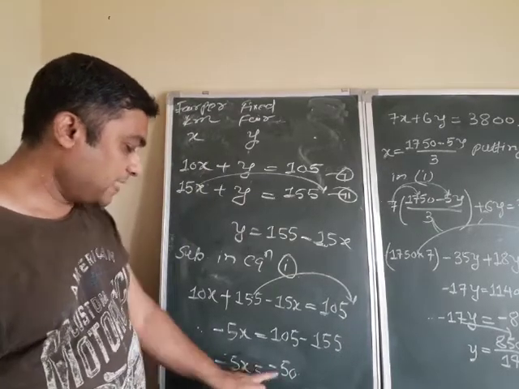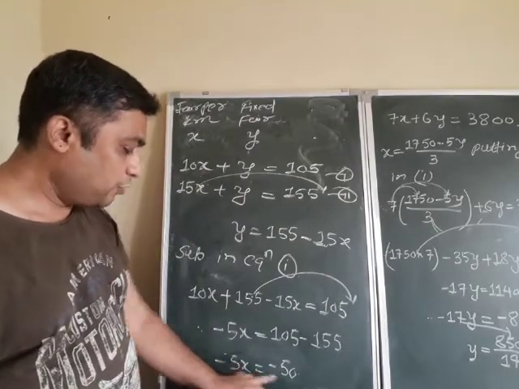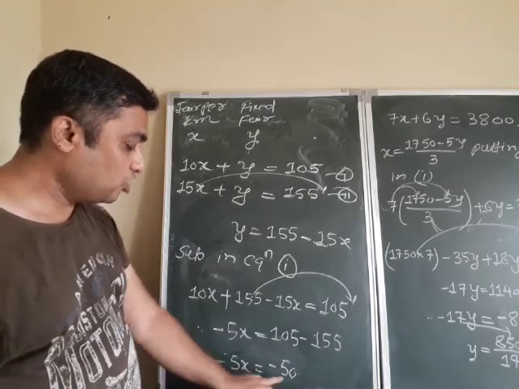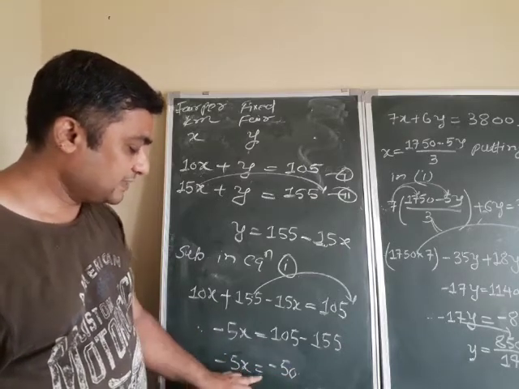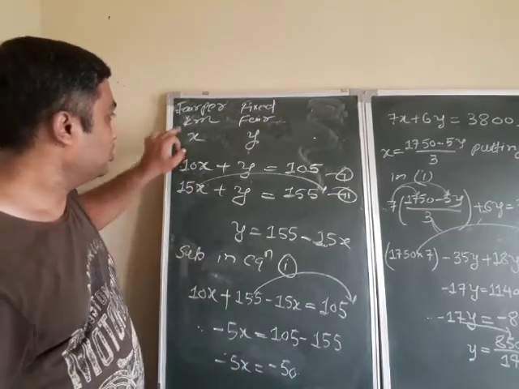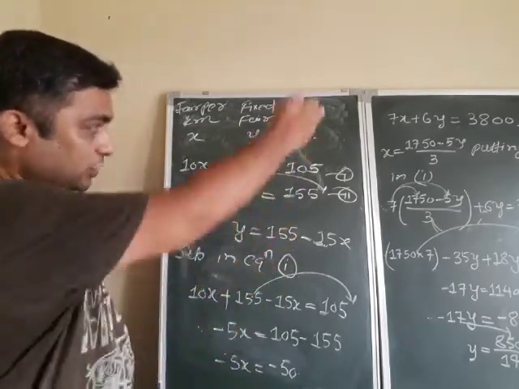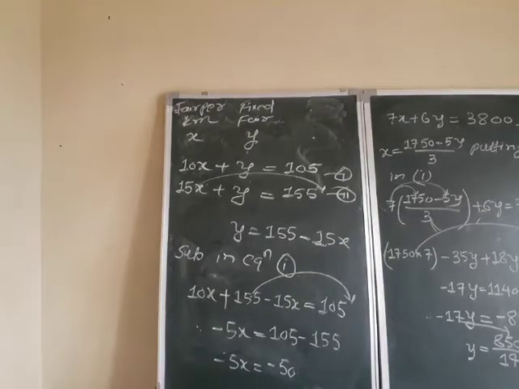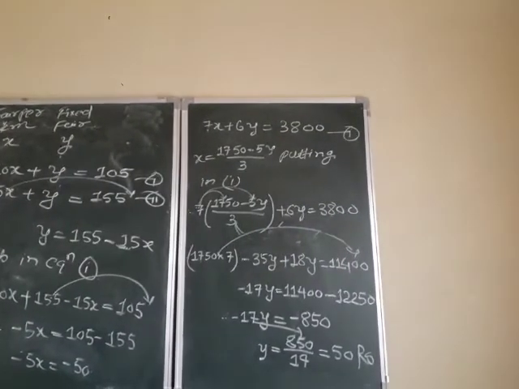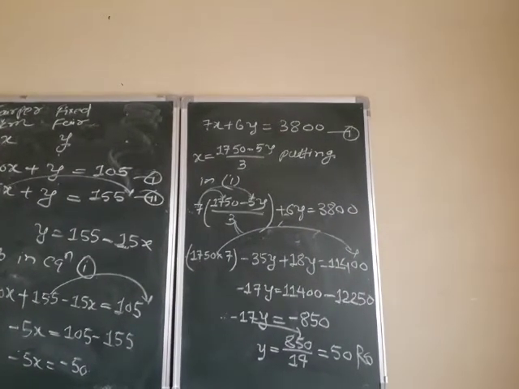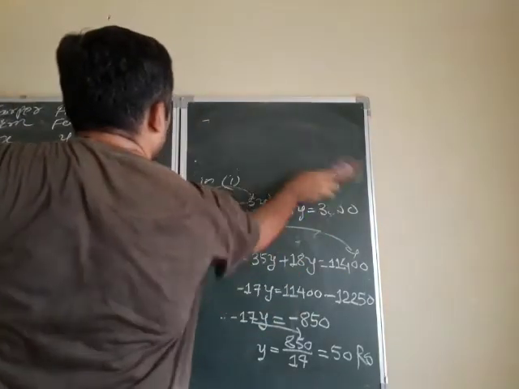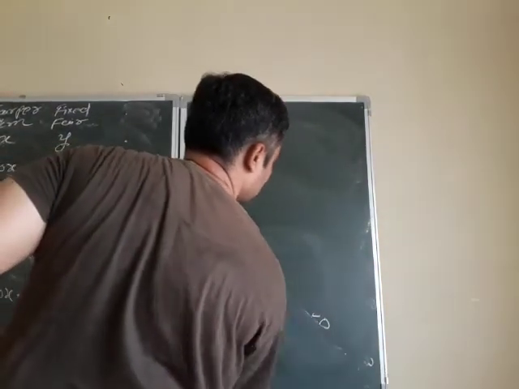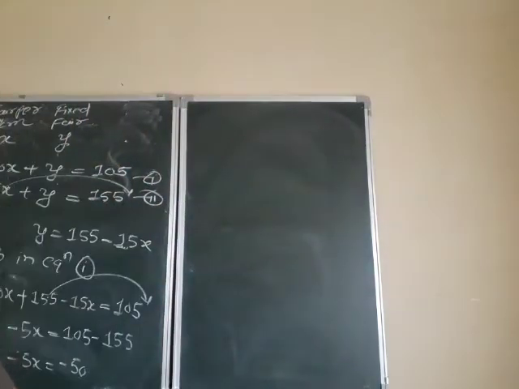Now minus and minus cancel, and this 5 comes in the denominator, so 50 upon 5. It means you divide both sides by 5. So x is equal to 50 by 5, and that is equal to 10. So x comes 10.